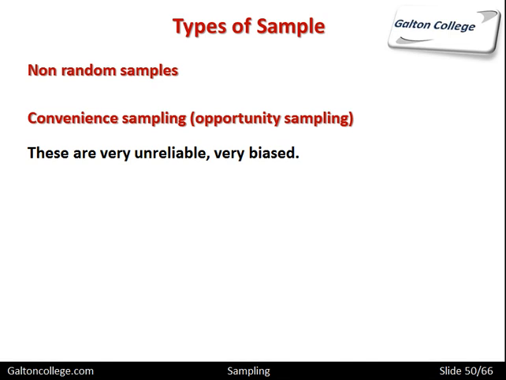And applying the formula to that simply does not make sense. The data in the sample must be selected randomly. It must be selected in a way which is more objective than this. We also have what's known as snowball sampling.